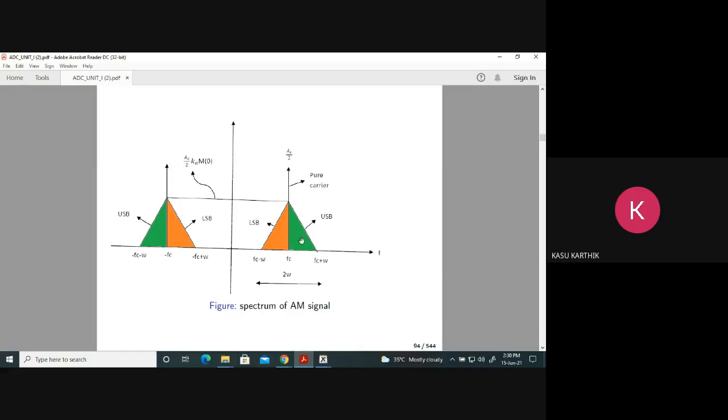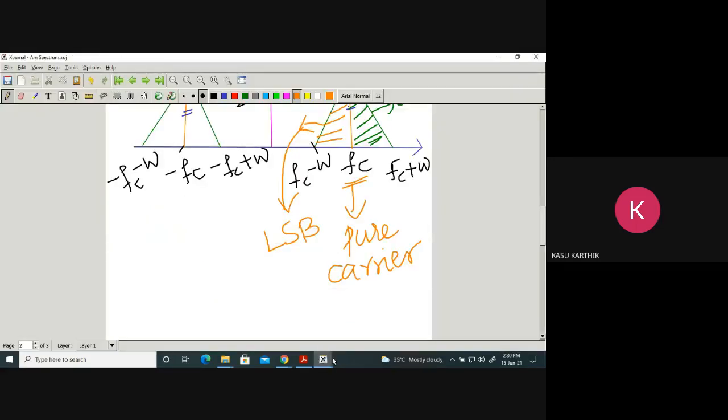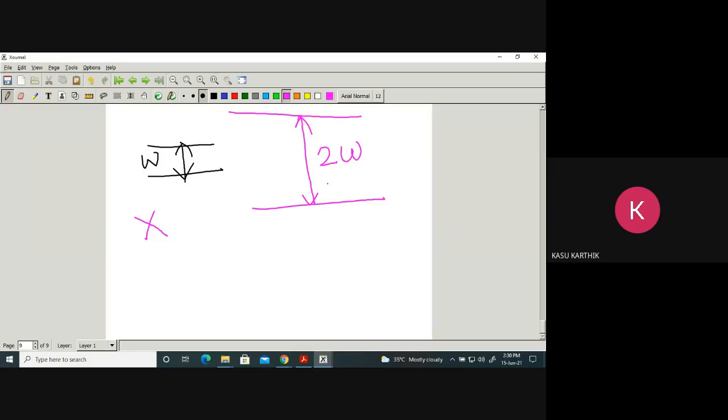We are transmitting 2 sidebands, which means we are transmitting our message signal twice. That's why we require twice the bandwidth of the message signal. The bandwidth required to transmit AM is twice the bandwidth of the message signal because the same information is being transmitted 2 times.